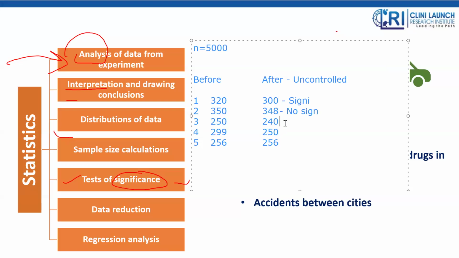I'm writing the short form, significant. This person also, we can say to some extent, slightly significant. And this person is showing some significant difference. This person is showing no difference at all. Significant means a huge difference. So like this, you're repeating for 5,000 people.